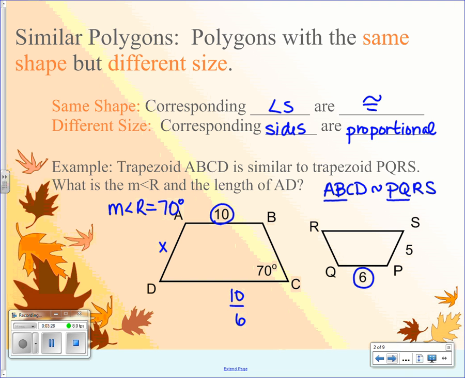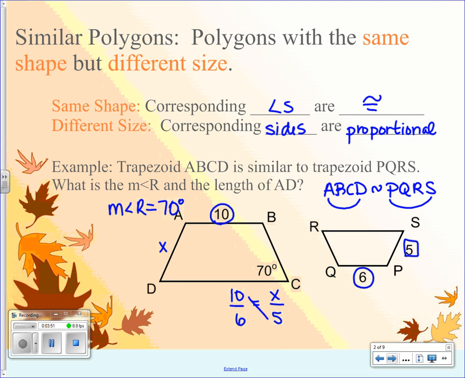And we're going to use that ratio or that scale factor to set up a proportion to solve for x. So we look at AD. AD has a length of x. And AD, so we look at our similarity statement again, and see that AD corresponds to PS. Well, over here, PS is equal to 5. So we have a nice simple proportion. We can cross multiply and solve.